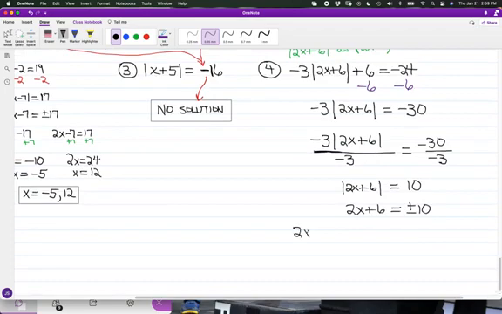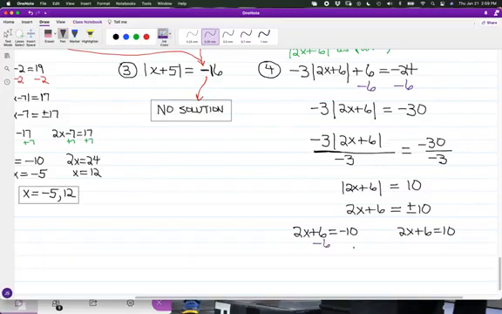Looking at solving for x, setting up our equations: 2x plus 6 is equal to negative 10, or 2x plus 6 is equal to positive 10, as simultaneous equations.